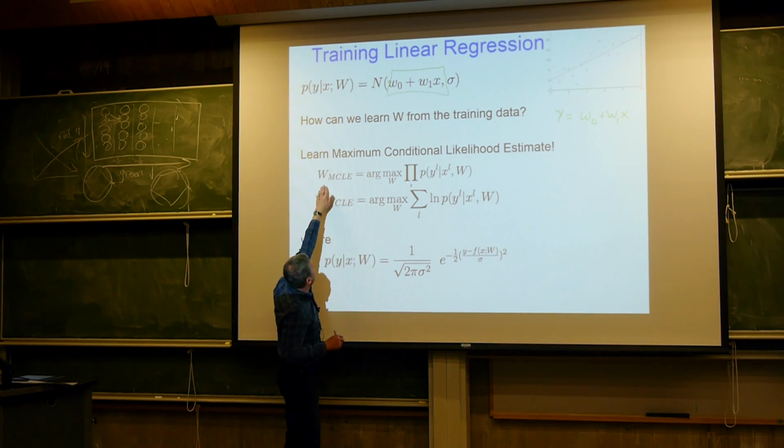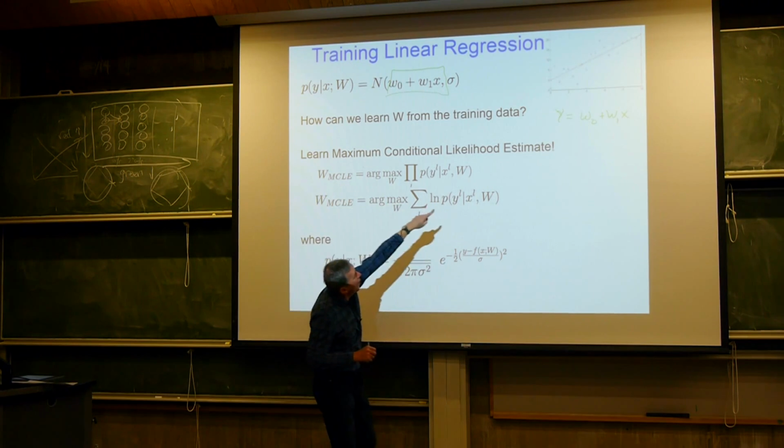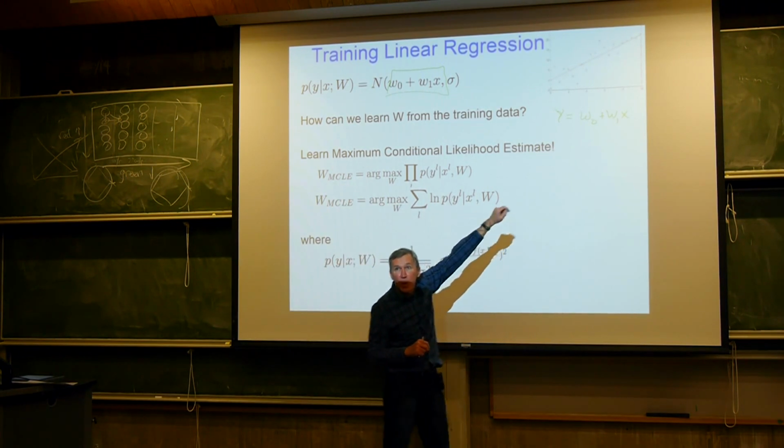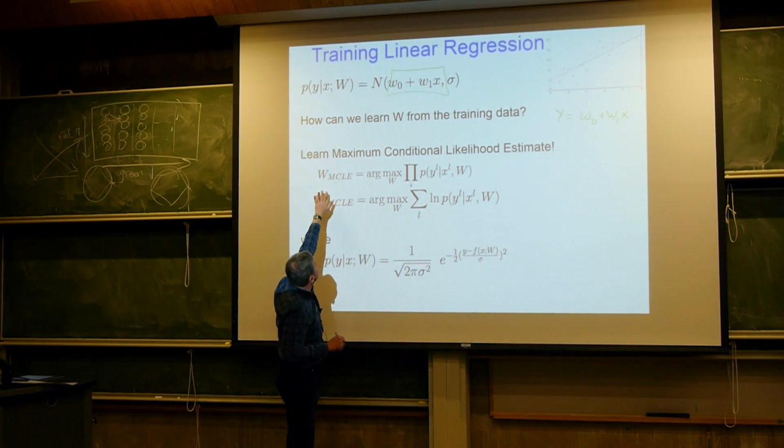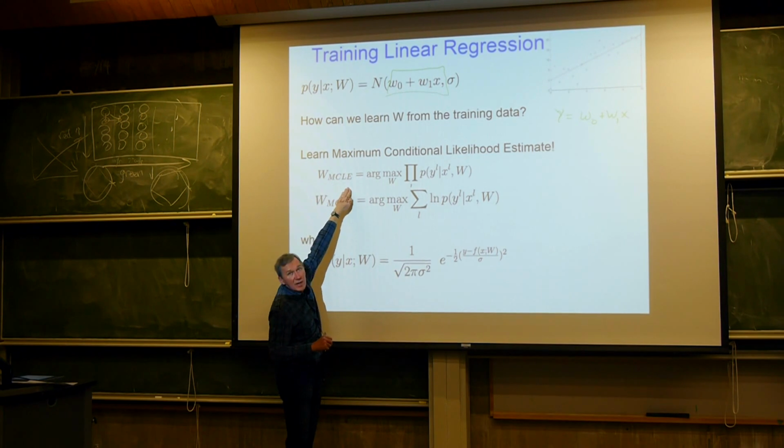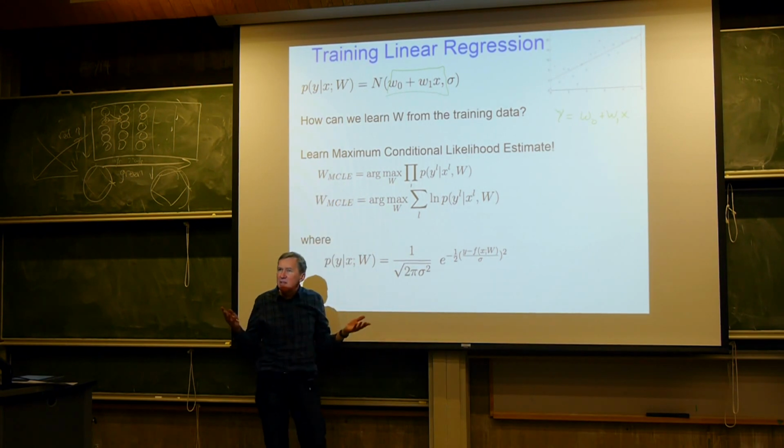Well, if we want to choose our weight vector, w0 and w1, to maximize the conditional likelihood, what is the conditional likelihood?